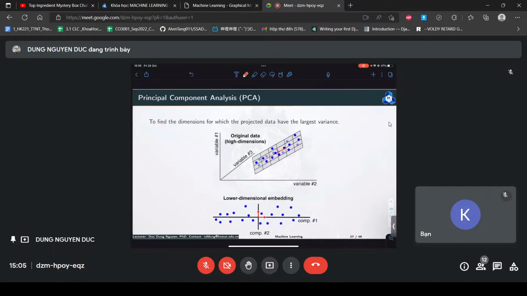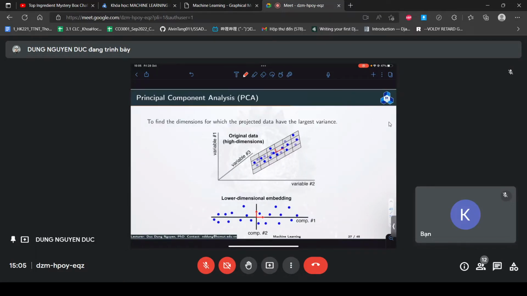Now let's see what the principal components are. You can observe the data distribution here in 3 dimensions, and it looks like your data are distributed on a plane or maybe another hyperplane.